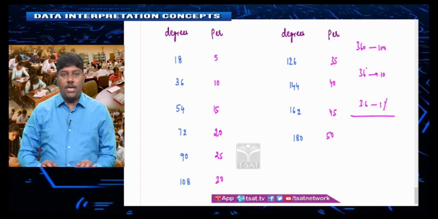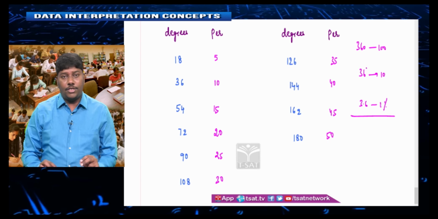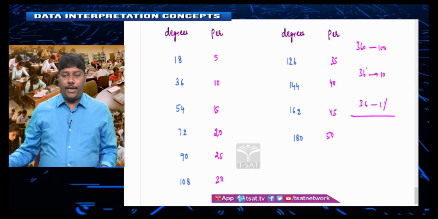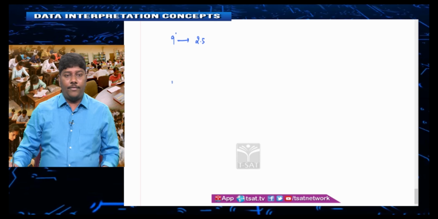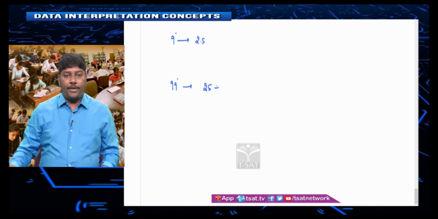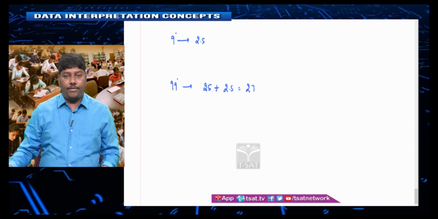And percentage into degrees. You can't convert every degree like this, but definitely a degree which is a multiple of 9 or 18 you can convert. Remember 18 degrees is 5%, therefore 9 becomes 2.5%. If I have 99 degrees, 90 means 25, 9 means 2.5. So you can say 27.5%.